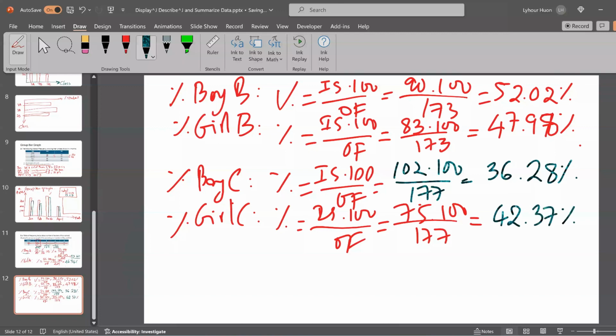But I think when we add up, it's not 100 for these two. Is there a mistake? 75 times 100 divided by 177, this is 42.37, correct? Can you check the percentage of the boys for school C?